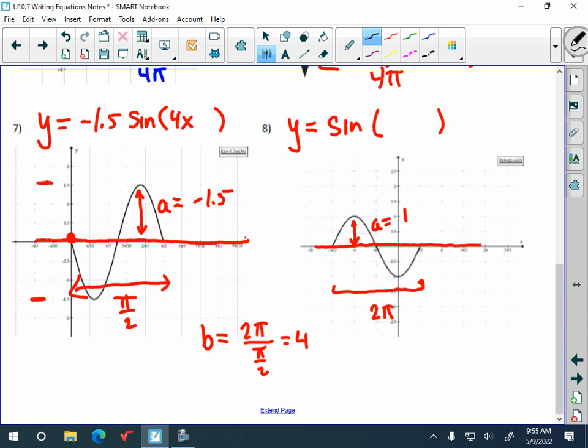So b equals 2 pi divided by the period, 2 pi, which is 1. So 1x. It's being shifted to the left in the negative direction, so we need to put a plus. And it's being shifted to the left 3 pi over 2 units.